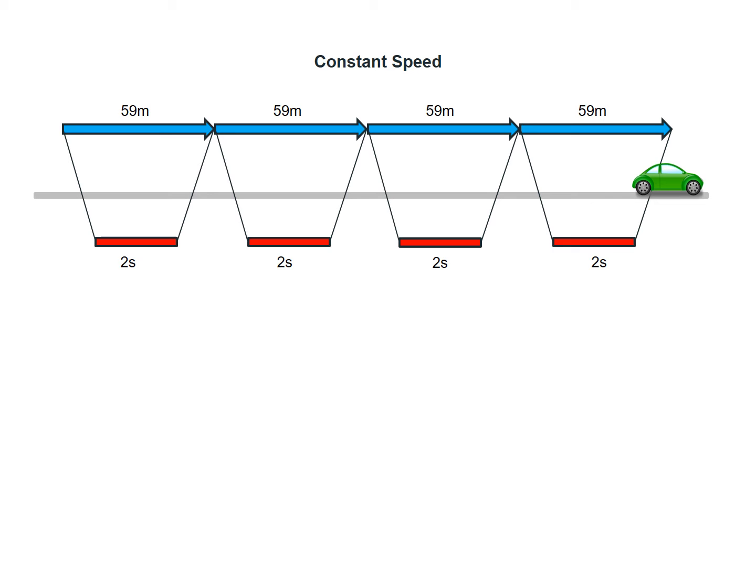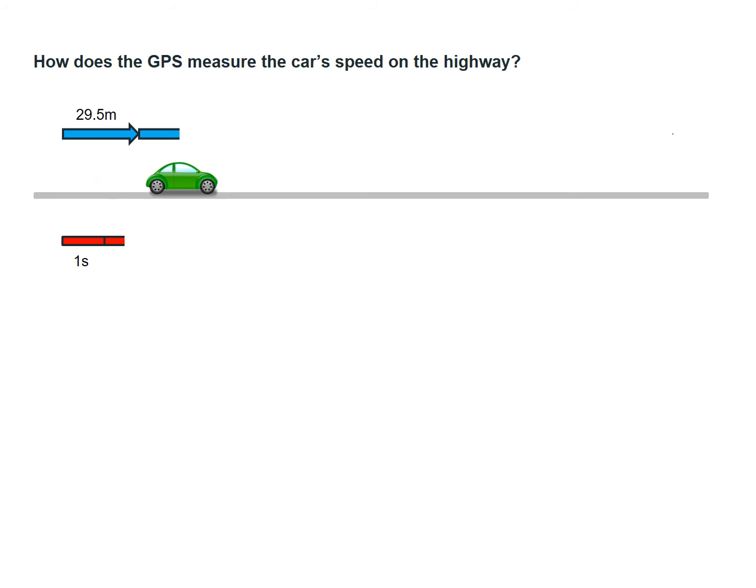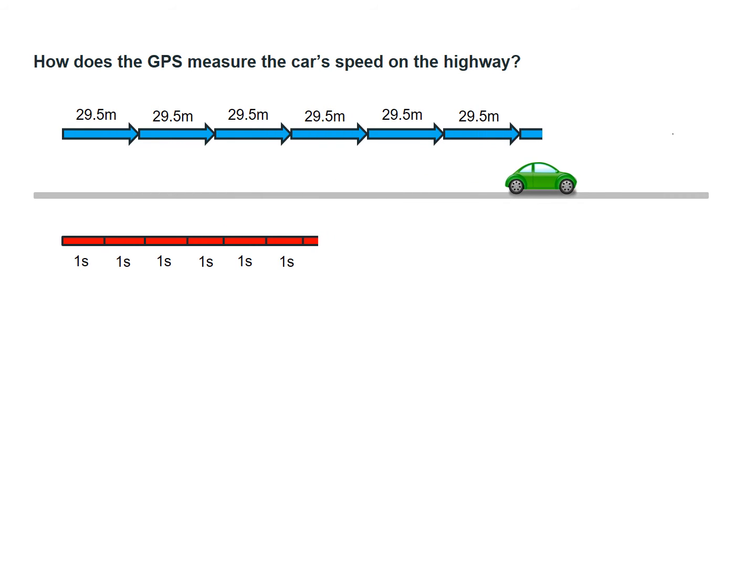I'll show the car's trip again, this time splitting it into 1-second intervals. Each time interval has an amount of change in time, in this case 1 second. Also, each distance interval has an amount of change in distance, in this case 29.5 meters.